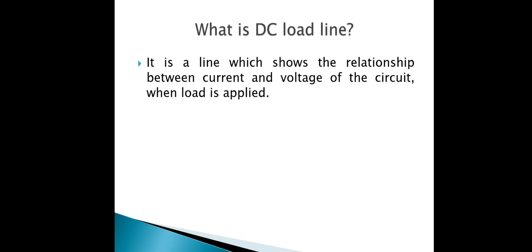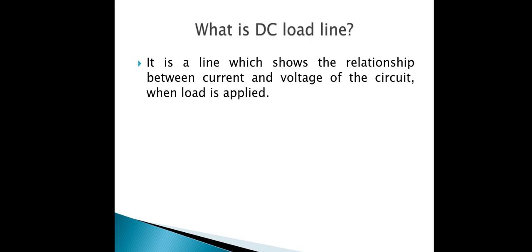When we are analyzing transistor characteristics, every time we want to know the output voltage and output current with respect to the input voltage and the input current, doing it in a traditional way, using some meters or a CRO, will be a tedious process.